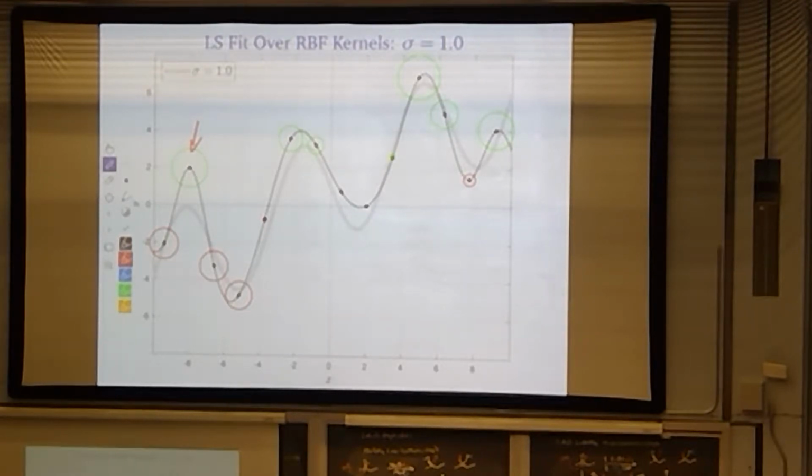And now I can evaluate, given any test point here, using my RBF kernel, I can calculate the similarity of x with respect to xi. And then I can use the beta i to do a weighted sum. And this will give me the predicted value at location x, right? This is my prediction. And this is how I plotted my dotted curve.